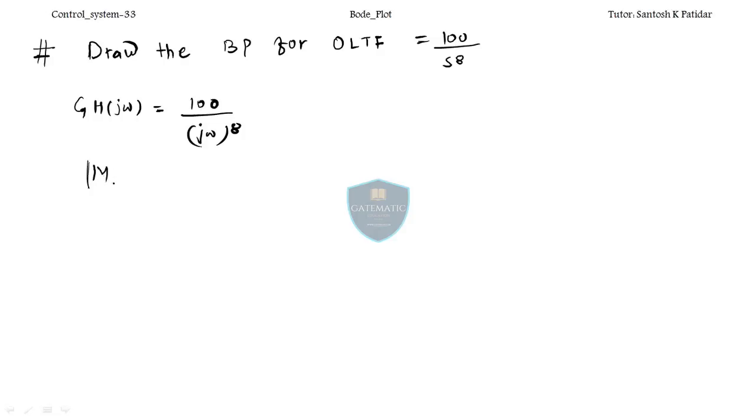The magnitude will be 100 divided by omega to the power 8, isn't it? Let's find this in dB. As you know, our formula was minus 20 n log omega, so it will be minus 160 log omega, isn't it? This one is in dB.